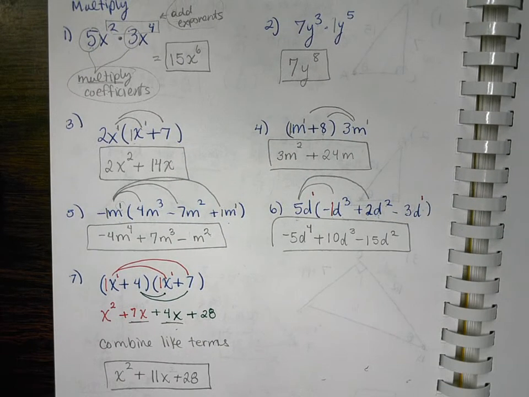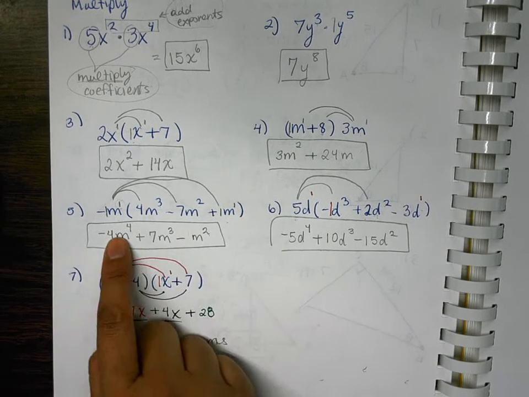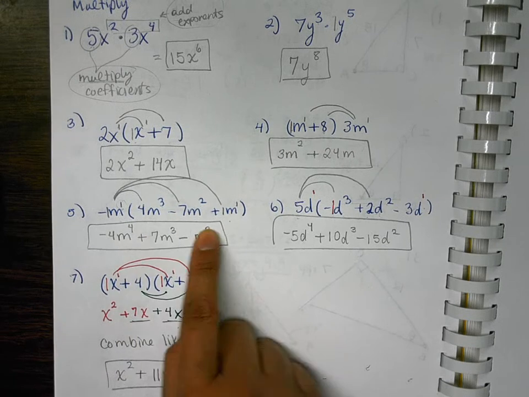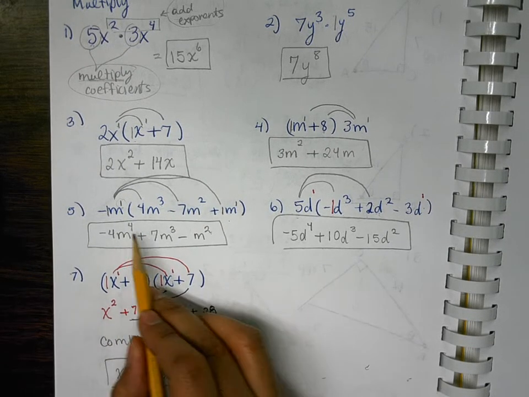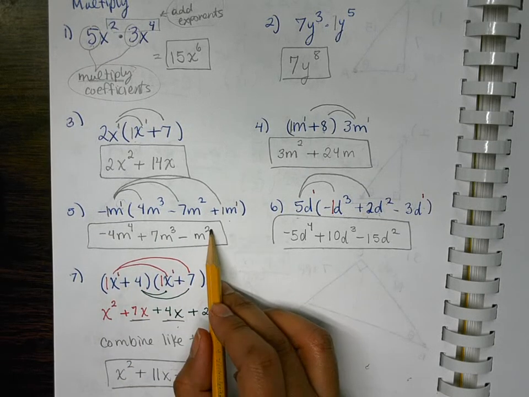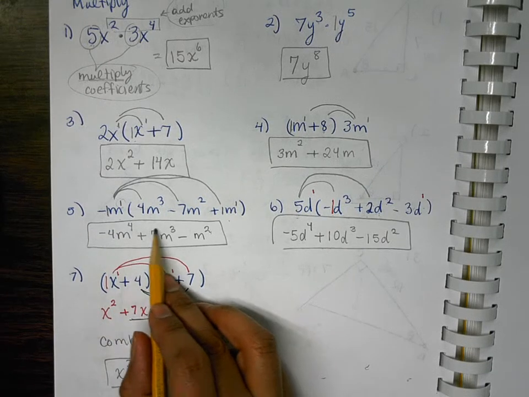Okay? Now, another mistake I see kids make, I'm going to say it really quick so you don't do it. Right here, they say, oh, these are all like terms. I'm going to add all of these up and add all the exponents up. Are these like terms? What makes them not like terms? The different exponents. If there are different exponents, can I add them together? No. Then don't.